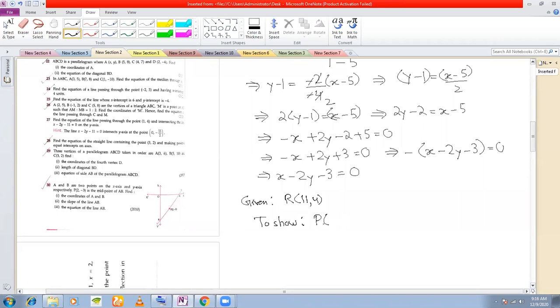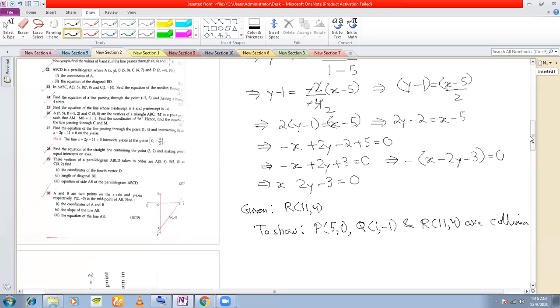To show: P(5, 1), Q(1, -1), and R(11, 4) are collinear. You need to show that these 3 points are collinear. How do you show it? This is the technique of showing collinearity. You choose any 2 points.